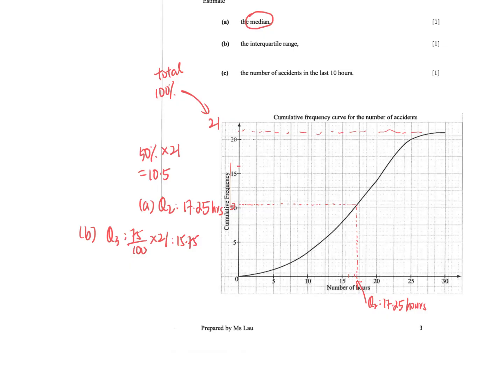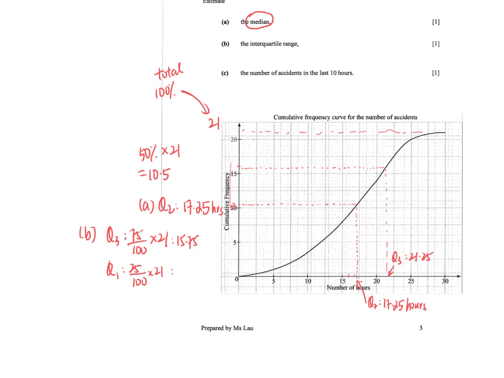So this is 15.75. So my quartile 3 is at 21.25. Okay, my quartile 1 is 25% of 21.